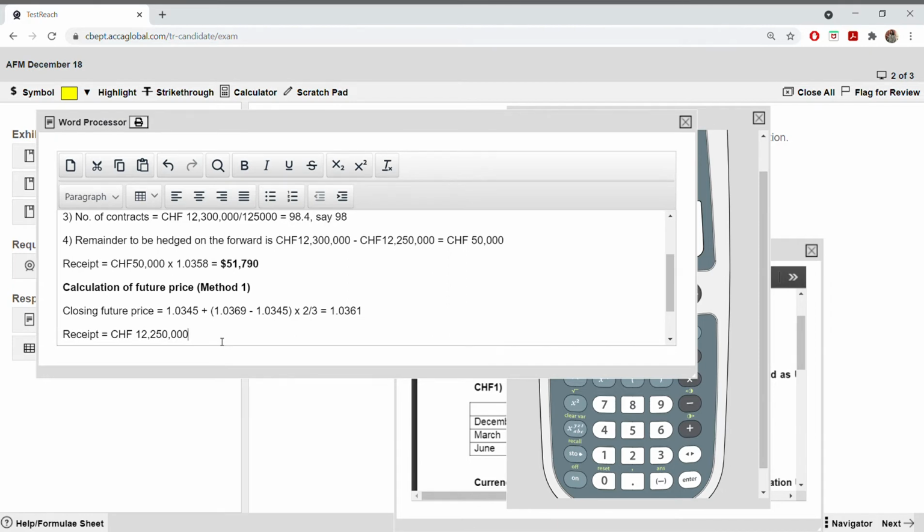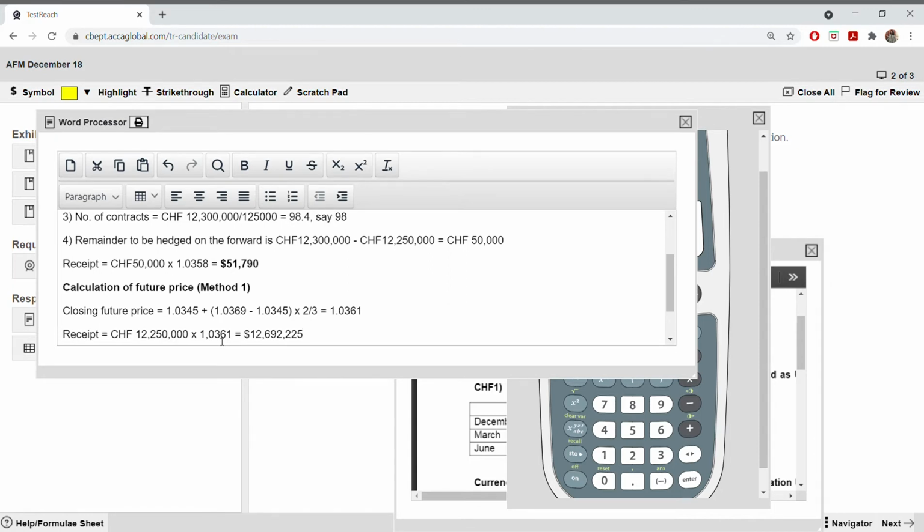This is in Swiss franc, okay? And that one was in dollar. Multiply 1.0361, the rate which we got, equal to, okay, for that you can use your calculator, and the answer is this, dollar 12,692,225.